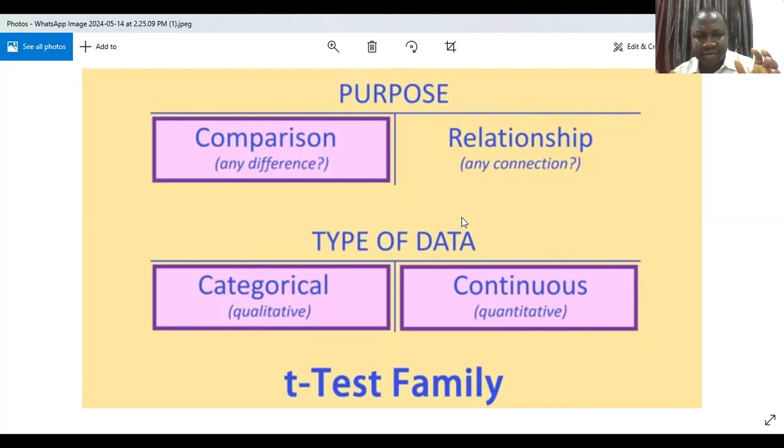Very easy. I told us in class that in data analysis techniques you have to understand two variables, dependent and independent. But when you are dealing with comparison, there's no dependent and independent. Male and female do not depend on each other. They are separate. You're just comparing the two.